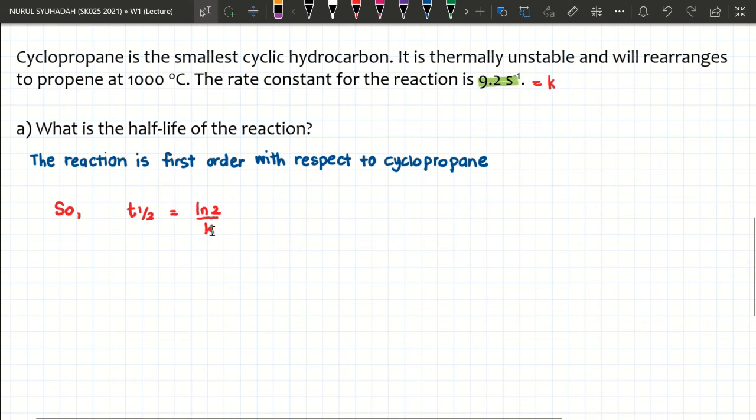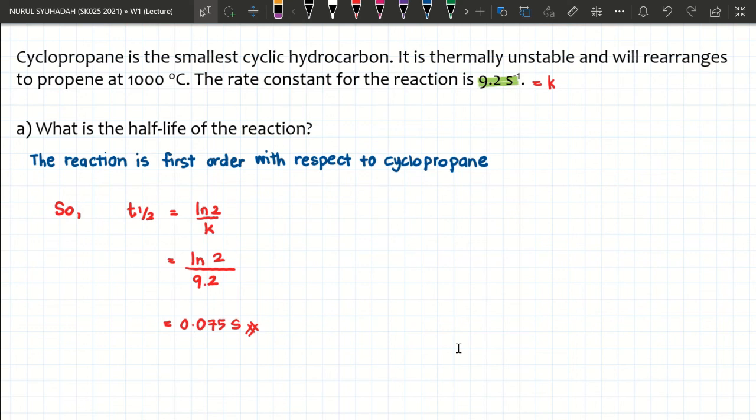We only need the value of the rate constant. So substitute ln 2 over 9.2 and you will get the answer as 0.075 second. Please make sure that you write the correct unit. Again, if the value of your answer is correct but you put an incorrect unit or did not put any unit at all, there will be no mark for the final answer.